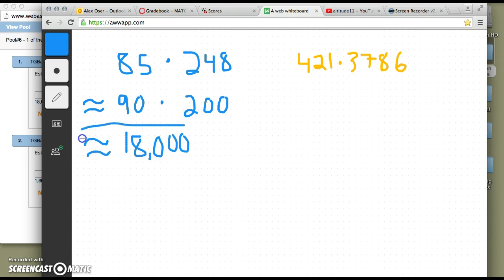So once again, what we're saying here is that 85 times 248 is approximately, round 85 to the nearest tens, that's 90, times round 248 to the nearest hundreds, that's 200. 90 times 200 is 18,000.